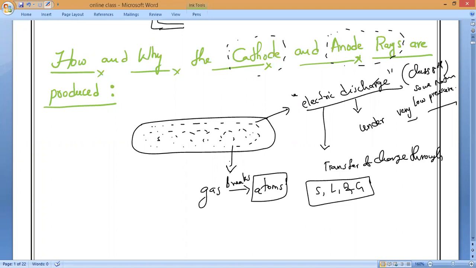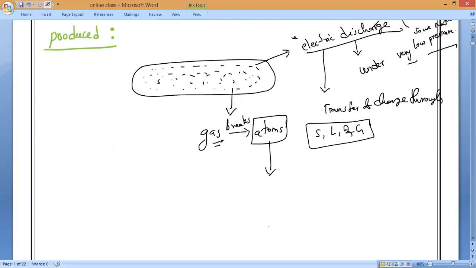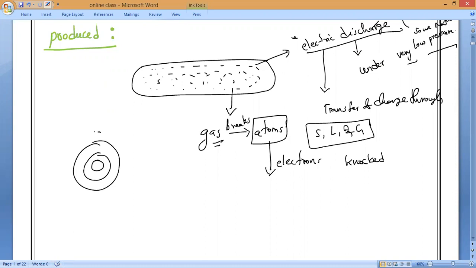So as I continuously pass the electricity, first the gas breaks into atoms. Still I am passing electricity, so the electrons will be knocked out. As we all know, they revolve around the atoms in a particular orbit, so they get the energy to come out from the atoms.